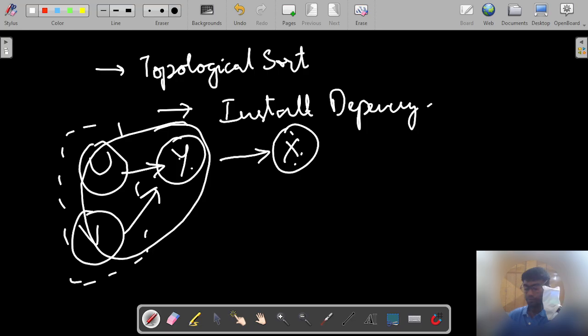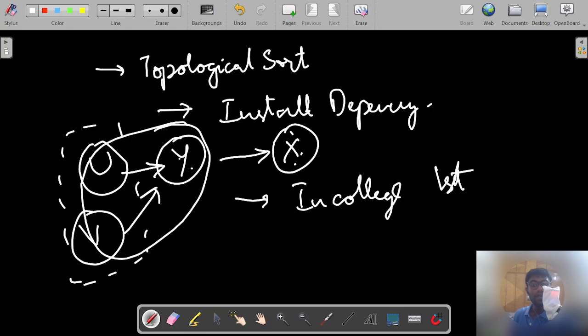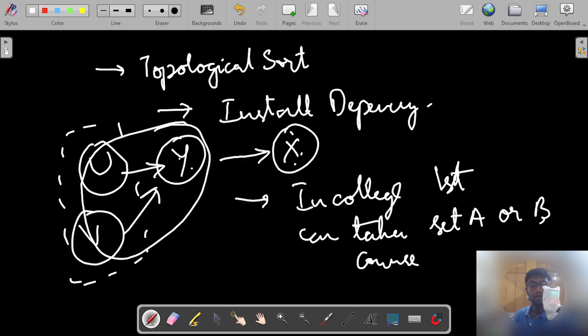But it is a very practical example where there might be scenarios like, let's say in a college, a student in first year can either take a set of A courses or B courses, right?